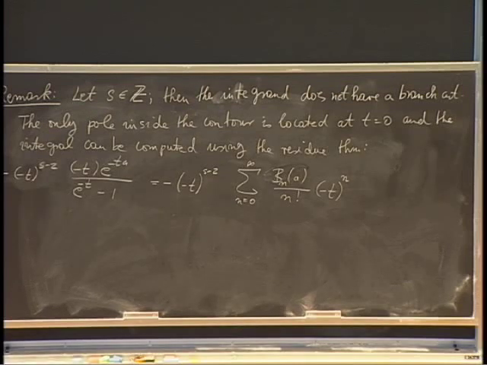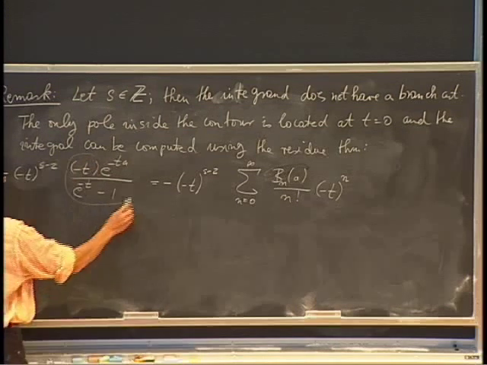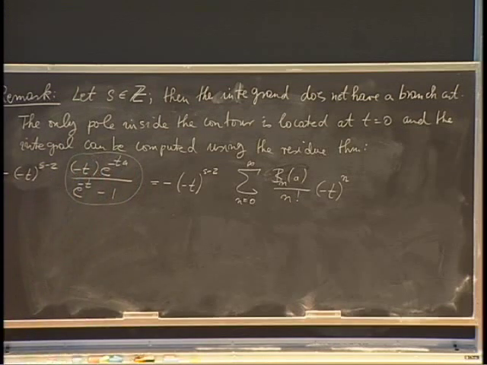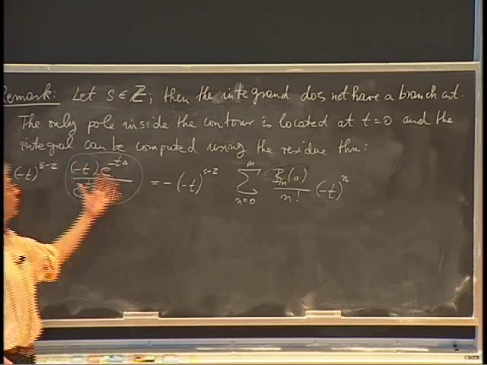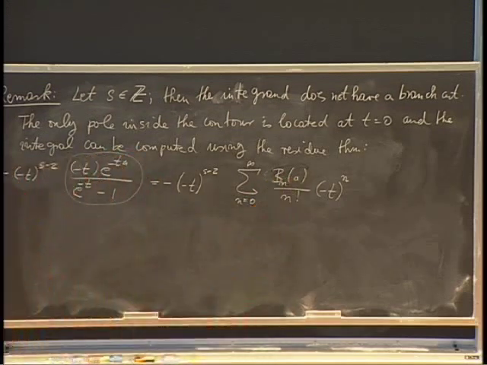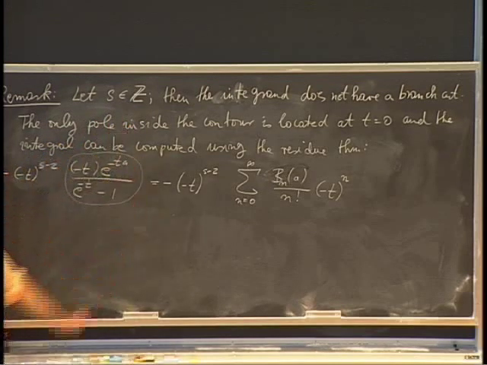So this is exactly the generating function for the Bernoulli polynomials, meaning this equals that. So how would you use that to evaluate the integral at those values?